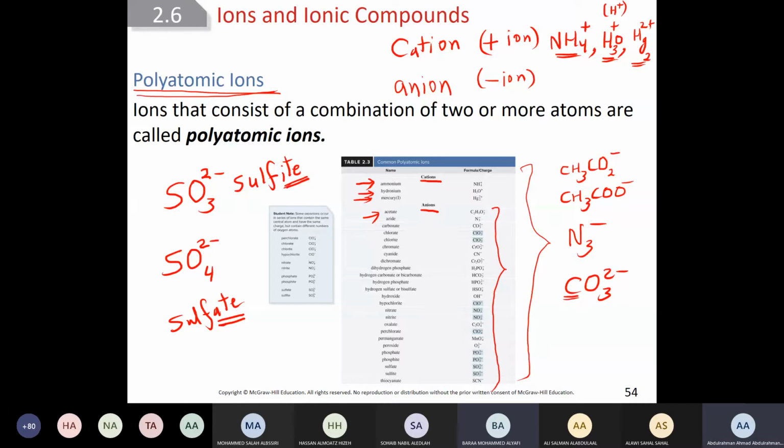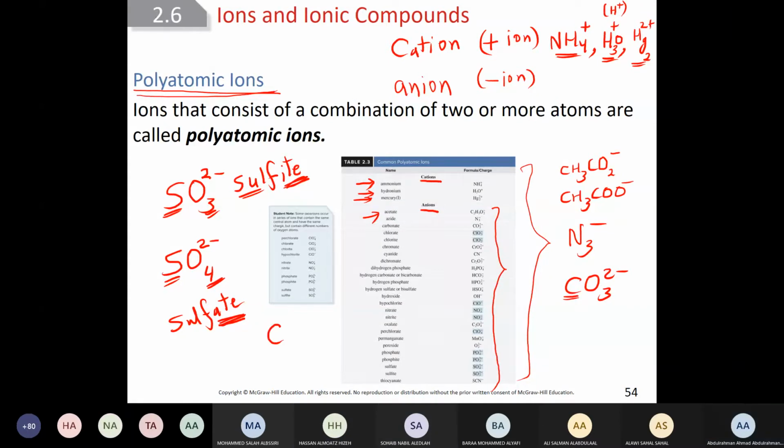Ite and ate. The one with more oxygen is the one with ate. The one with less oxygen is ite. Is this clear? How did you know that it is sulfate? Because this is the sulfur atom. Okay, good.